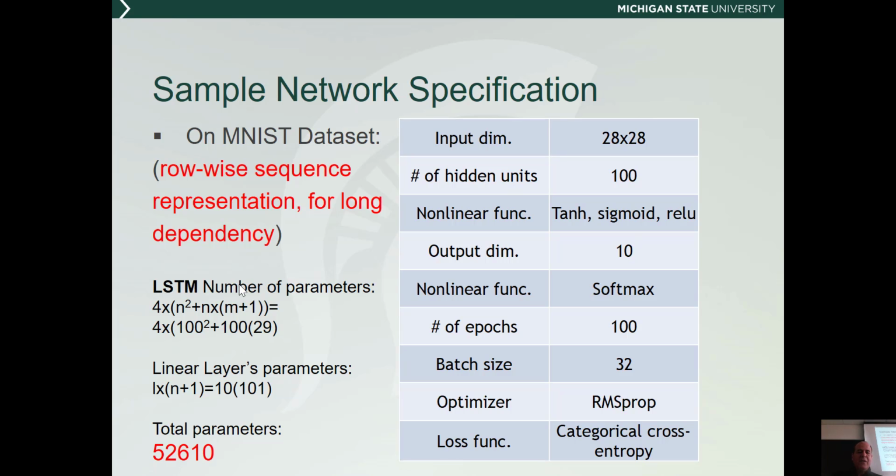So for the LSTM number of parameters, you can count them here and multiply them, and you get the total number of parameters for this experiment, based on the choices of the hidden units and the dimension of the input, which is 28 in this case.